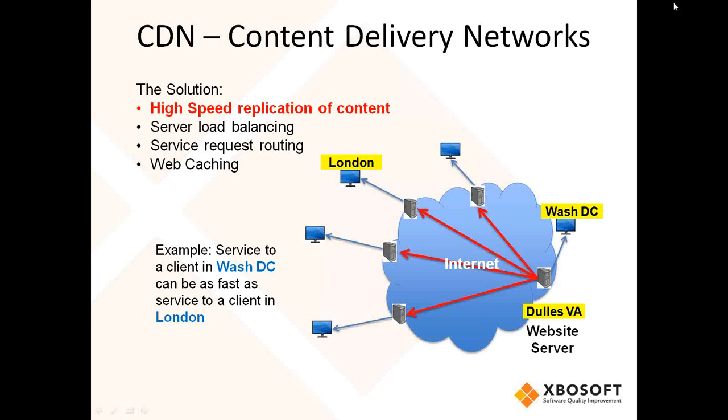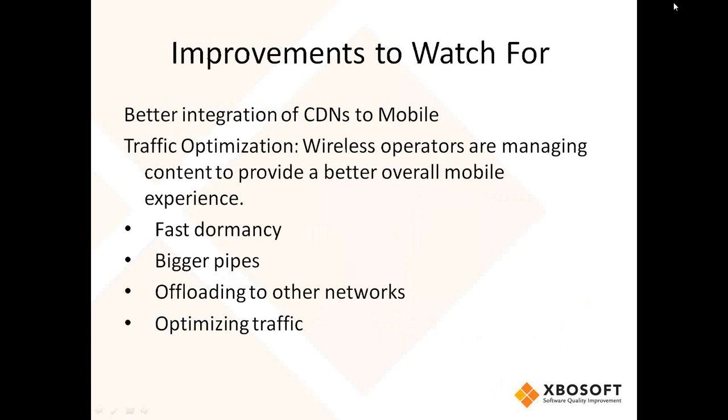Now, when you marry this to mobile, that can really help, and there's a lot being done in this area. So improvements to watch for are better integration of CDNs to mobile networks. Again, you can contact your local service provider, or companies like Akamai or Mobile CDN, because they're making great improvements in this area every day.